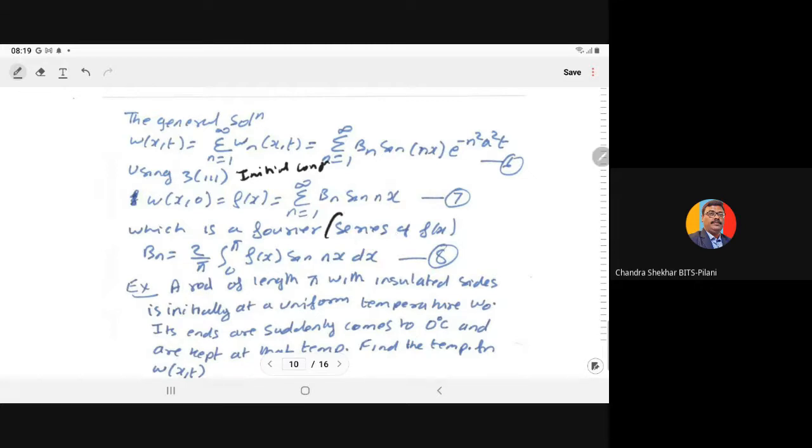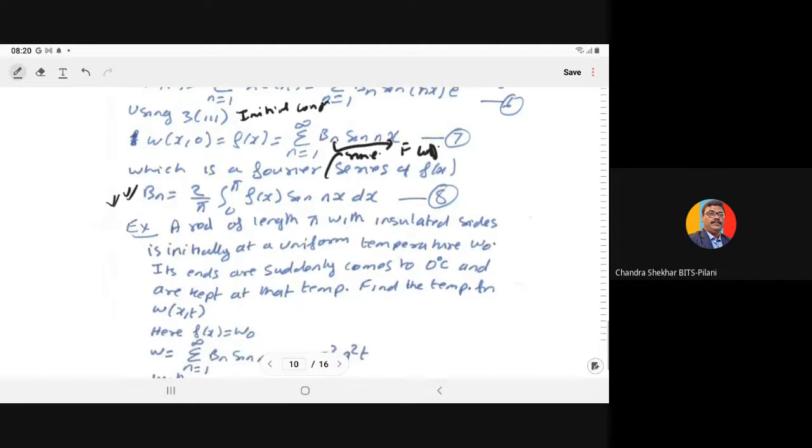Here bn will be the Fourier coefficient. From the Fourier series chapter, we know bn can be computed as 2 upon pi, integral from 0 to pi of f(x) sin nx dx. In this way we write the solution, and here we have the value of bn.